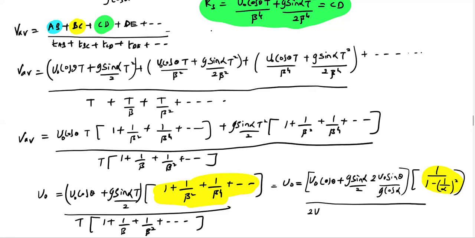Time of flight will be 2 u naught sin theta by g cos alpha. This bracket will be 1 by 1 minus 1 by alpha.